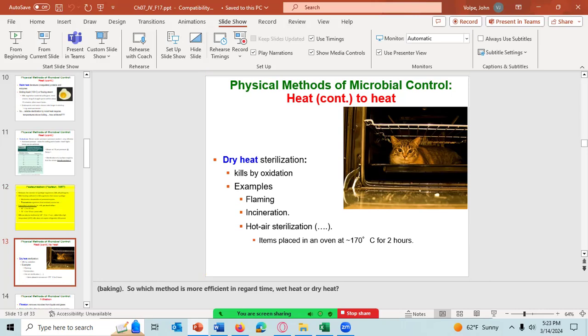Okay, this kitty is showing you that dry heat is not as effective at killing microbes as wet heat, meaning you can have the cat climb into the oven and the cat's just enjoying the warmth of the oven, and then it'll climb out.